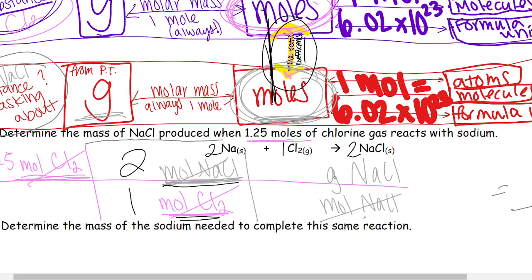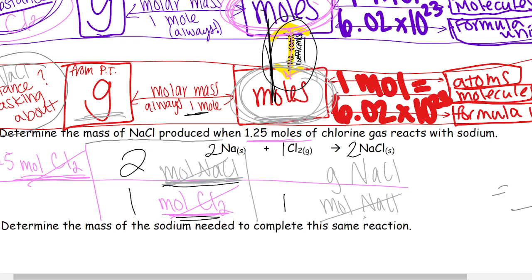And then between grams and moles of NaCl, so notice I'm going grams to moles of the substance that it's asking about, it's going to be molar mass as my ratio. Molar mass is always 1 mole, so I'm going to put a 1 right here. And next to grams, that number comes from the periodic table.